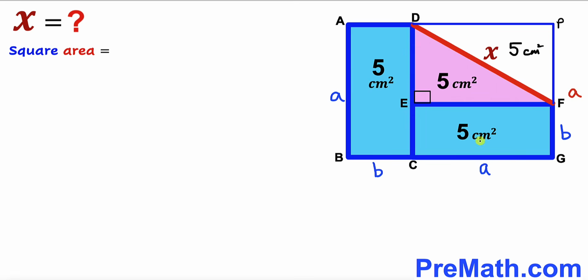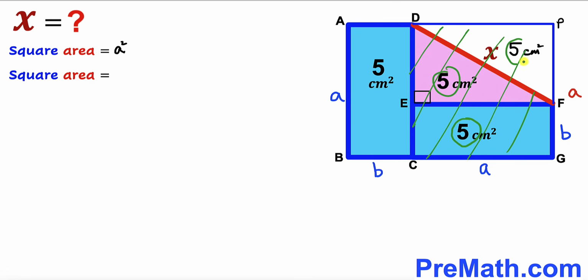Therefore, the area of this square is going to be a times a, which gives us a square. Likewise, the area of this square is going to be the sum of these three individual areas. 5 plus 5 plus 5 is going to give us 15. So this square area is going to be 15. Now we are going to compare these two equations.